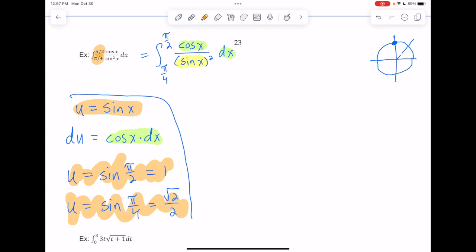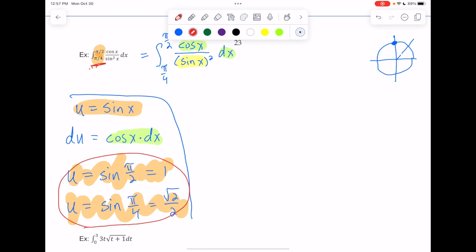I just did it on the fly, in the sense of saying my old limit was pi/4. What's the sine of pi/4? √2/2, and I just wrote it down in the definite integral. So whether you write it like we did right here or not is kind of up to you. But I would do that at first, at least, while you're getting used to it. Once you start feeling like you really got the process down, maybe you don't need that anymore.